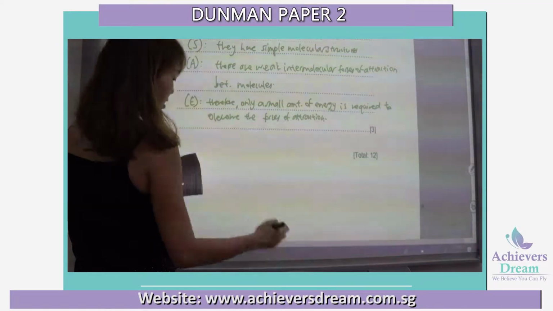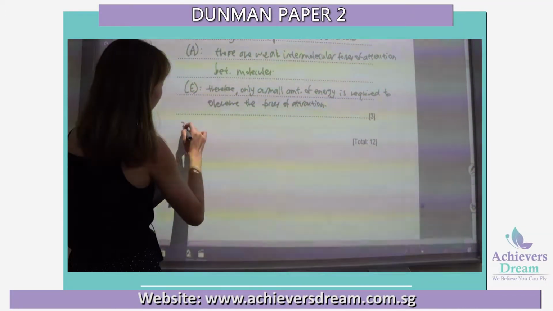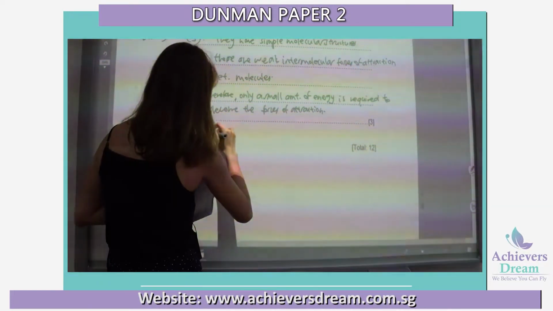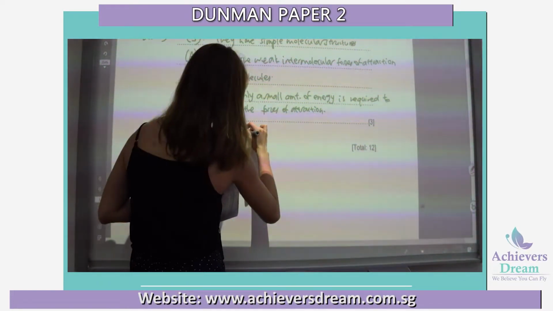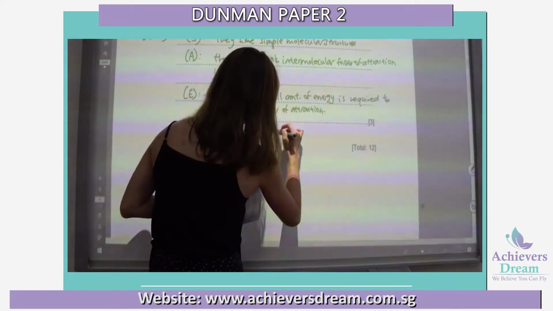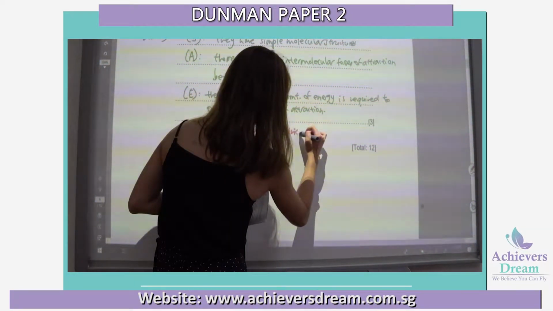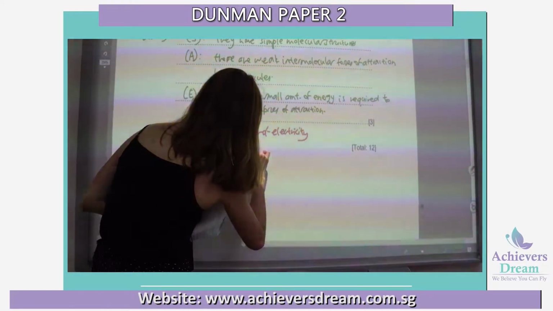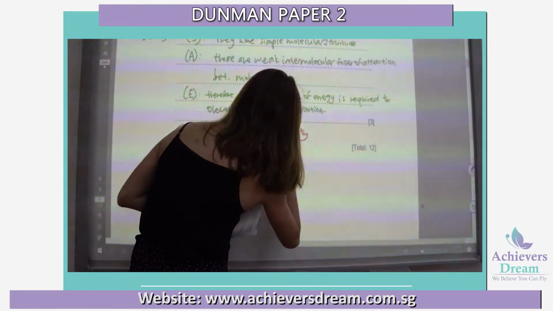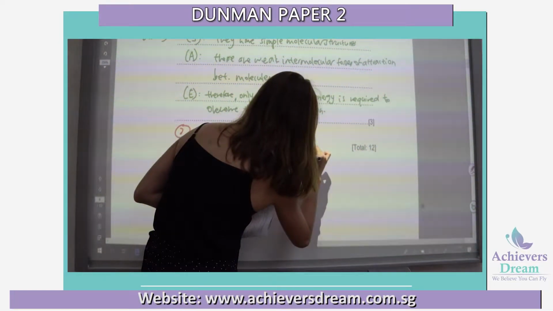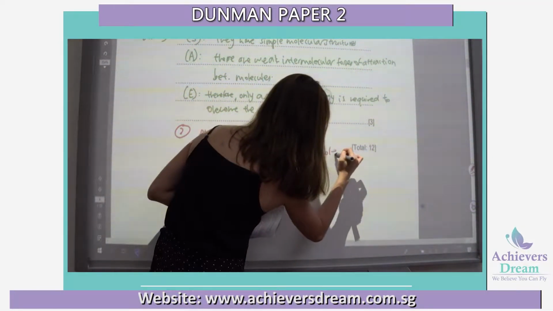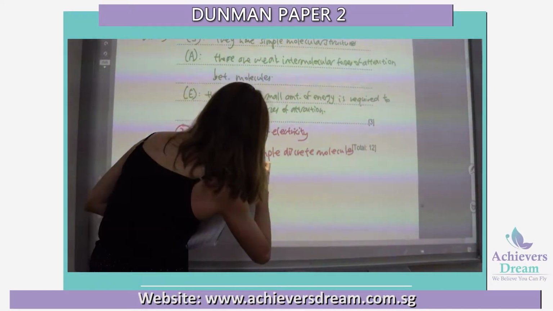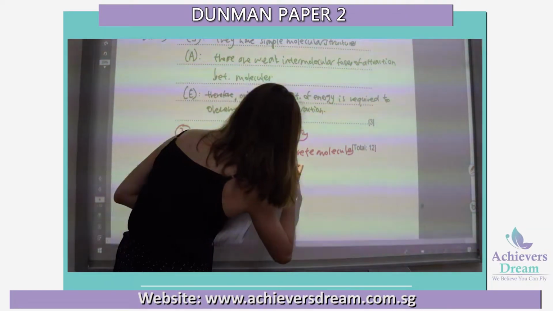Okay, then the second physical property that you can talk about is they are poor conductors of electricity. Why? Okay, because they are made up of simple discrete molecules that are neutral and uncharged.